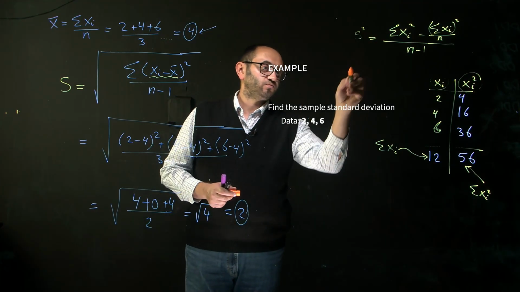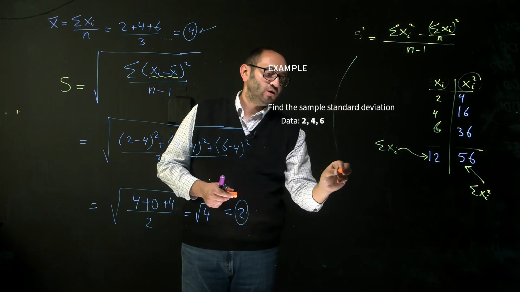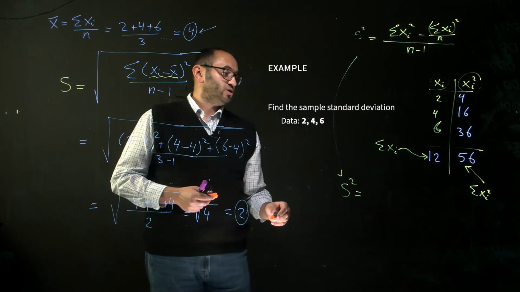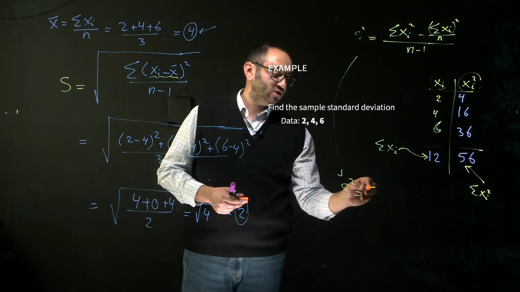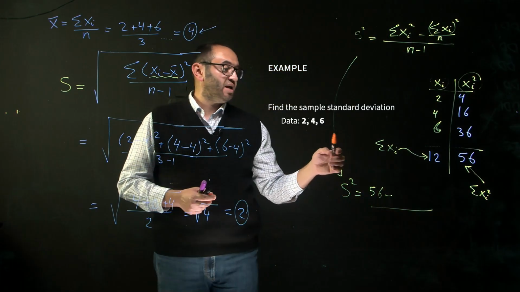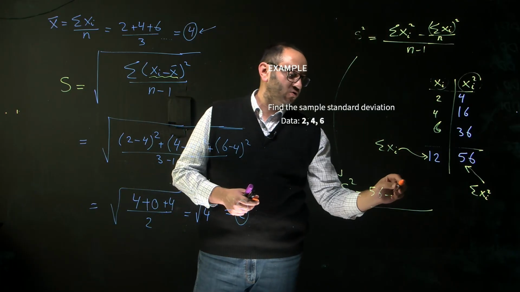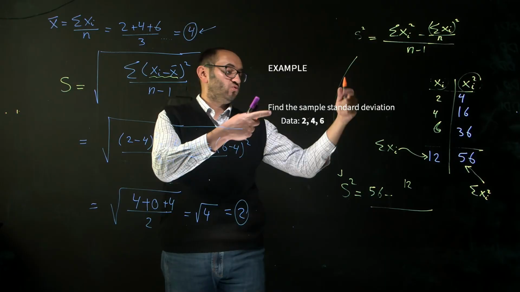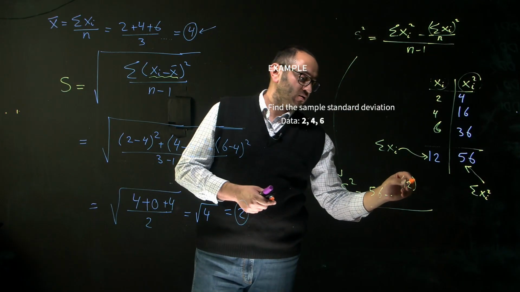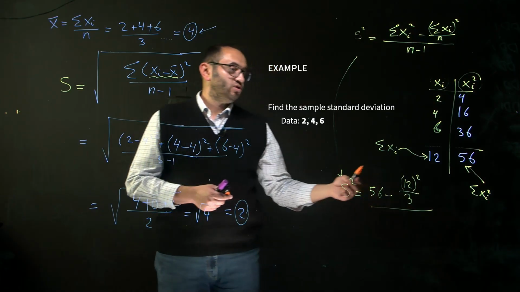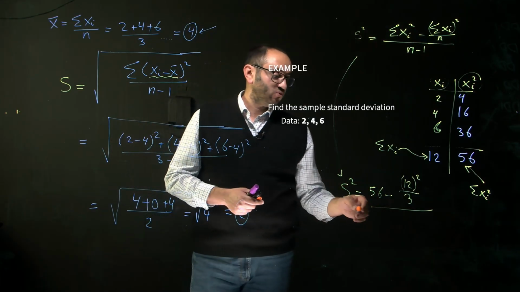So S square, or the variance, equals summation xi square, which means 56, minus summation xi is 12, but we have to square it. Summation xi is 12, so 12 square, divided by n is 3, and we divide the entire fraction by n minus 1, which is 2.